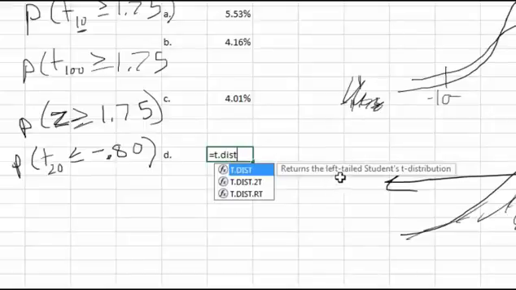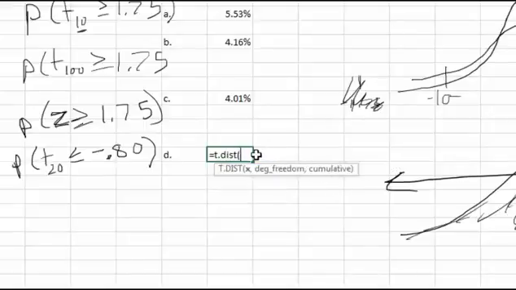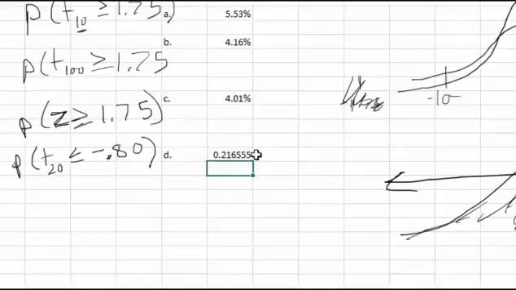Notice it says left-tailed right here. So t.dist, the x is minus 0.80, the degrees of freedom is 20, and the cumulative is true. Okay, we've got 21.6%. I like to go ahead and convert these to percent because that's what it's really given us. Remember, that's what the P is for, probability.